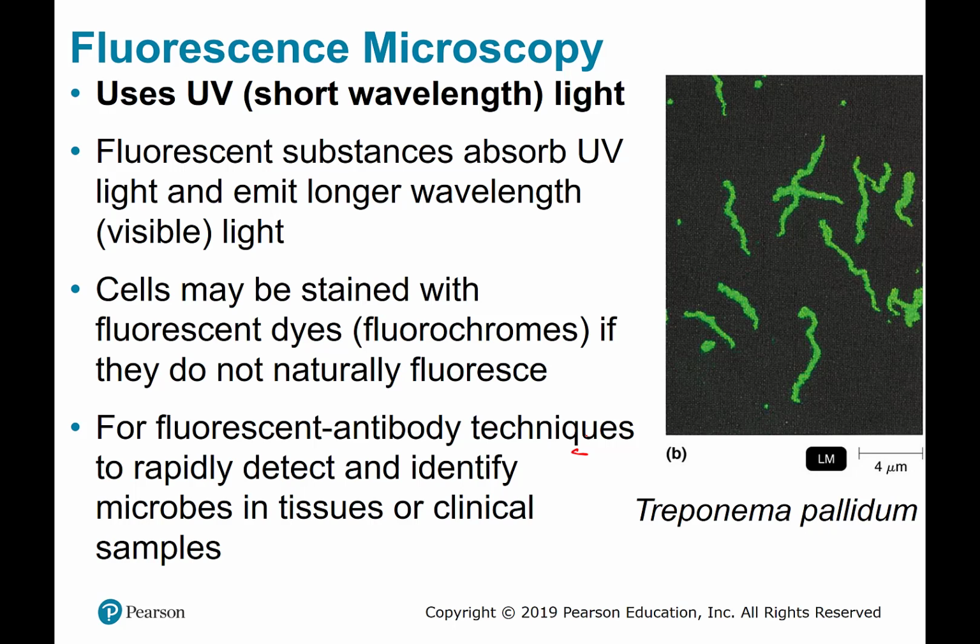So these antibodies are going to be produced in a laboratory setting, and they're going to specifically bind to antigens on the surface of a pathogen. And they do allow for rapid detection and identification of microbes in tissues as well as clinical samples. And so they would allow you to diagnose syphilis, which is caused by Treponema pallidum.